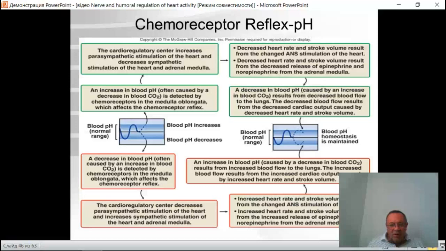In the left part, you can see the reaction to blood pH increase. Blood pH increases. An increase in blood pH, often caused by a decrease of blood carbon dioxide, is detected by chemoreceptors in the medulla oblongata, which affects the chemoreceptor reflexes.